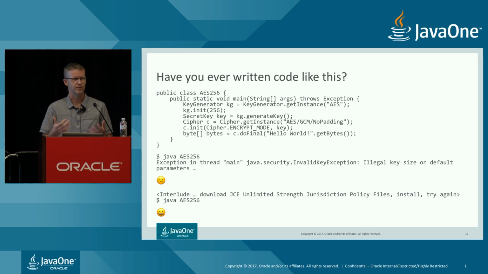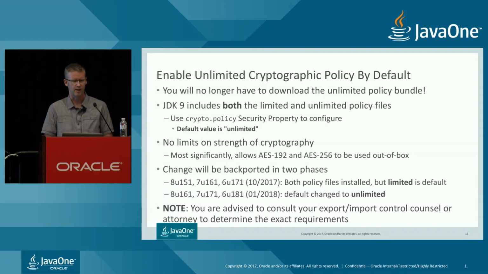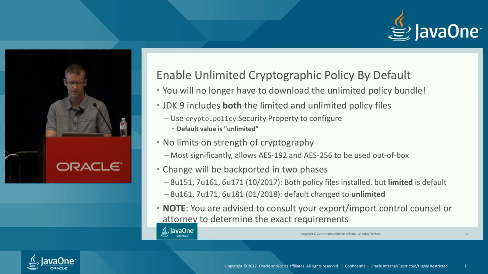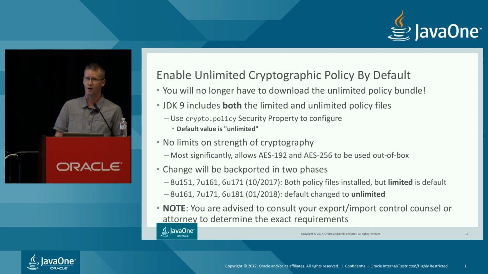I'm happy to announce that those regulations have been relaxed, and as of JDK 9, we've enabled unlimited cryptographic policy by default. So now you no longer have to download the unlimited policy bundle. JDK 9 includes both the limited and unlimited policy files, and you can use the crypto policy security property to configure.